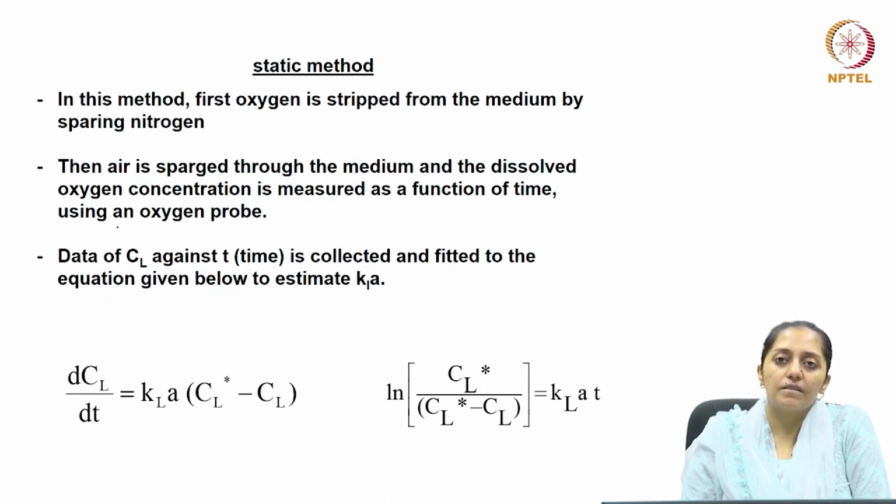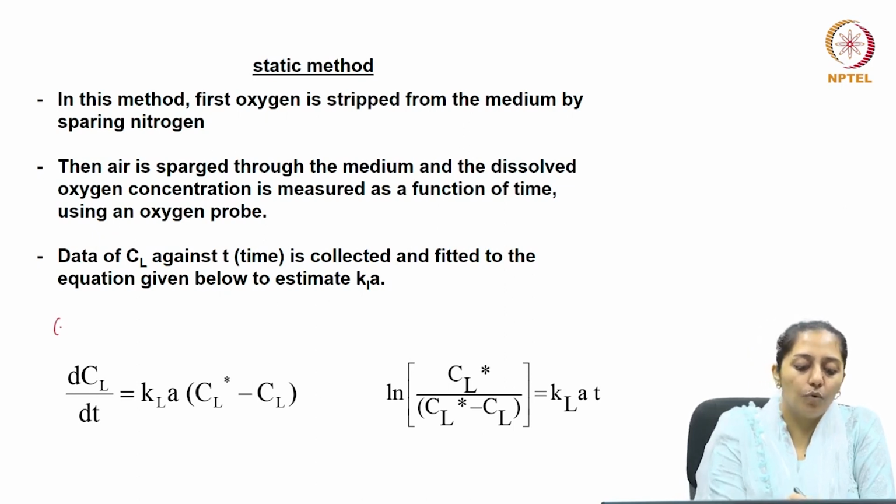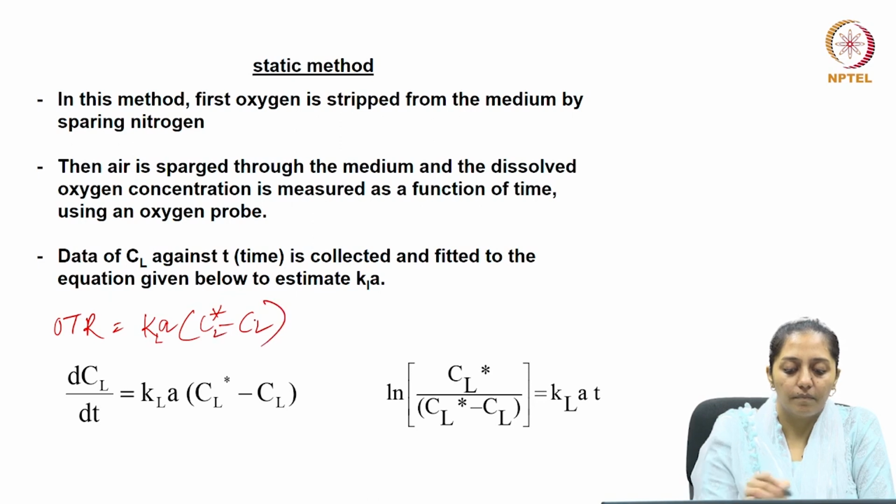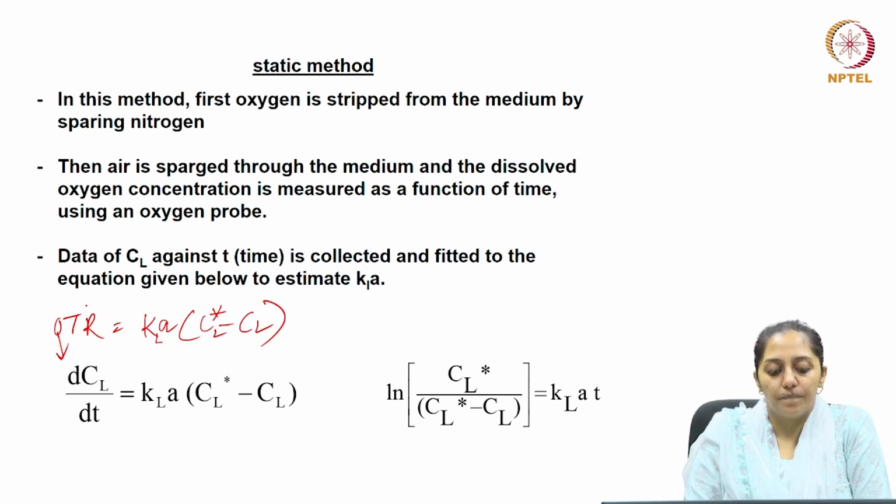So, what we collect is the data of Cl versus time, and now this data is fitted in the equation which we had shown earlier, where OTR, the oxygen transfer rate, is nothing but dCl by dt, the rate of oxygen transfer.